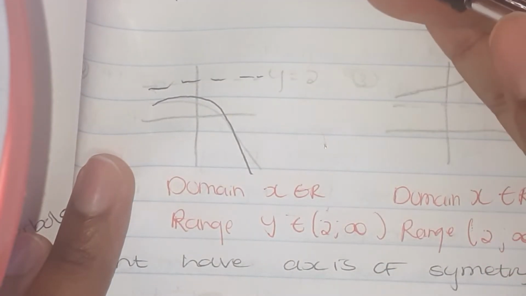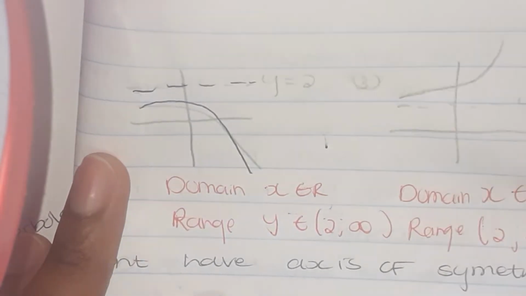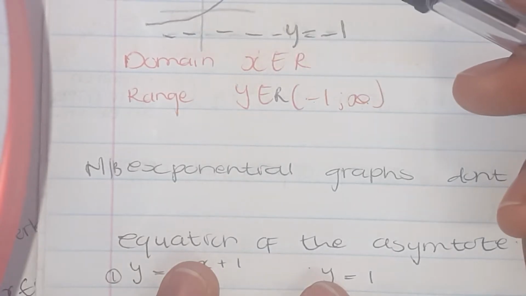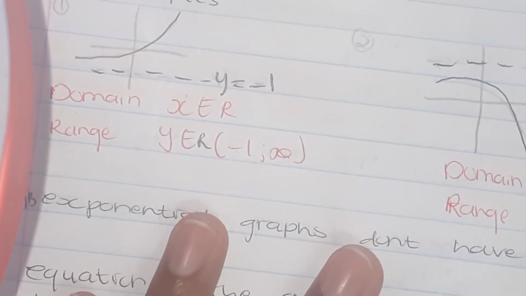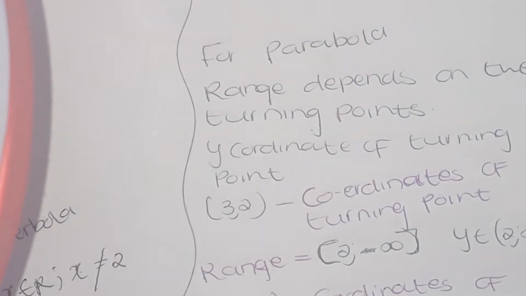So from here going up. This goes from the asymptote going up, just like here. From where the asymptote is going up. If it's -1, it's -1. From here going high. So it's always like that.